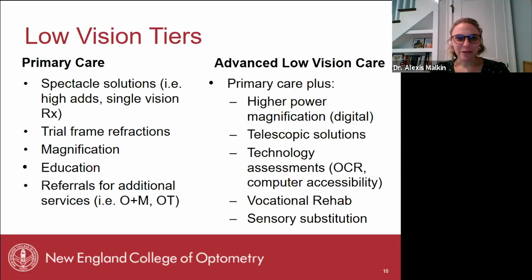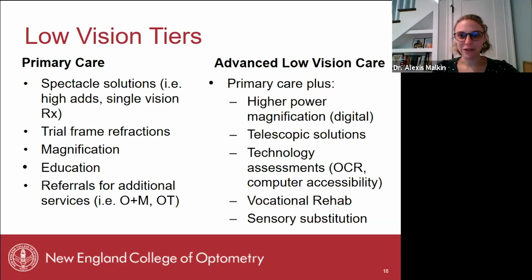So this is thinking about spectacle solutions, so assessing higher add powers. I know it may sound basic to a lot of you, but considering a switch to single vision glasses, so a higher powered reading glass than what someone might wear in their bifocal or their progressive, actually pulling out the trial frame and doing a trial frame refraction.